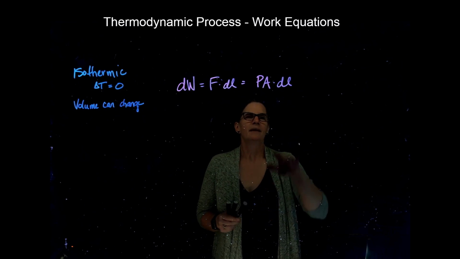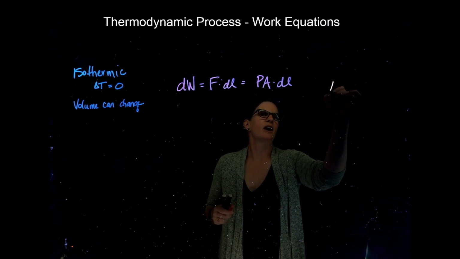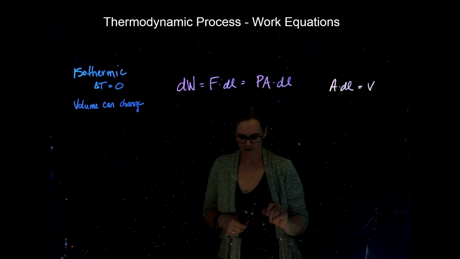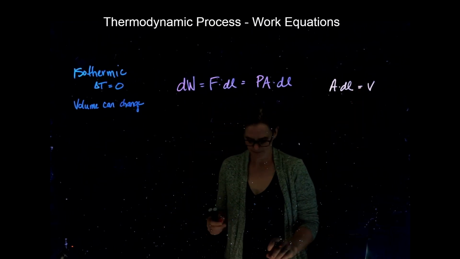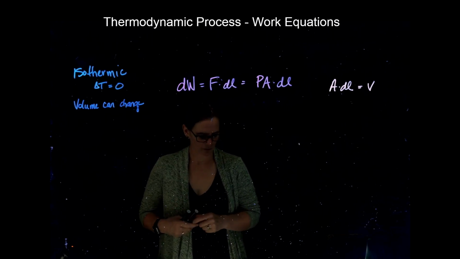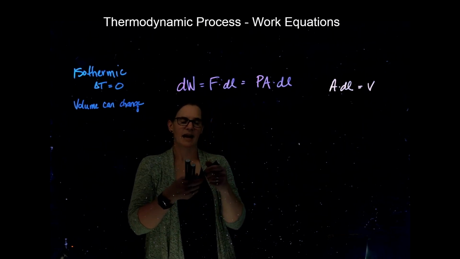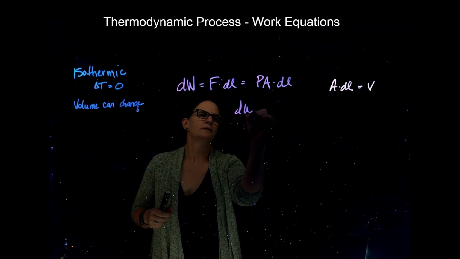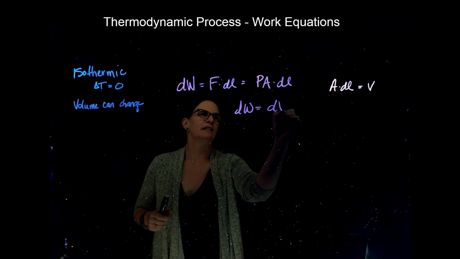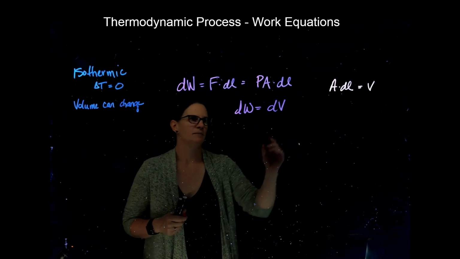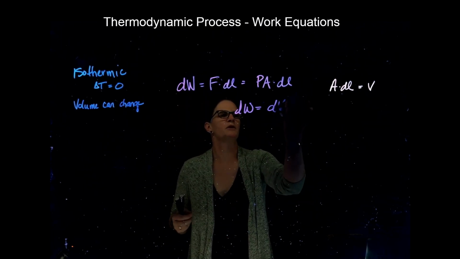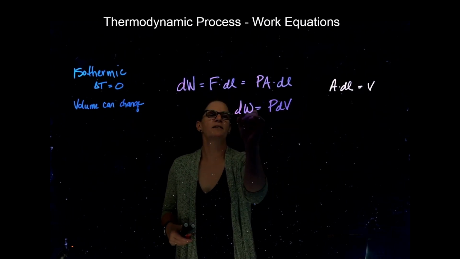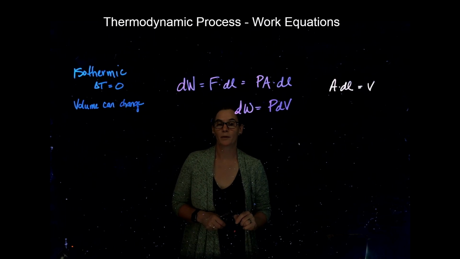Keep in mind that A dot dl is really a representation of our volume, so I can rewrite this as dW is equal to P dV. Sorry, I forgot about the pressure there. And this fundamentally is what is going to be important for us.